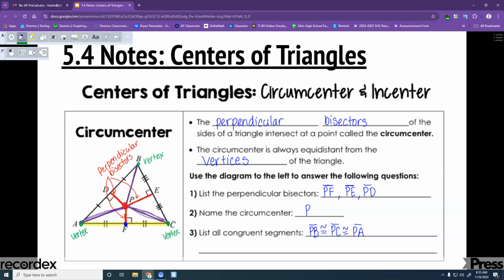We also can have the sides of the midpoint are also give us some congruent segments. So, for example, AF, I should have called that one FA instead of AF, and CF are congruent to each other.